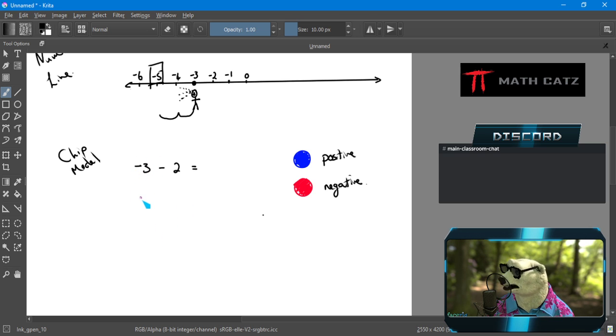So I start with 3 negative chips. There they are. Starting point.